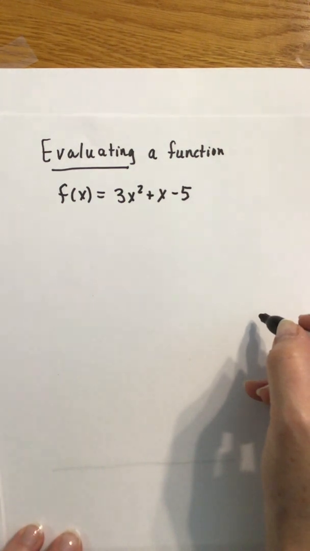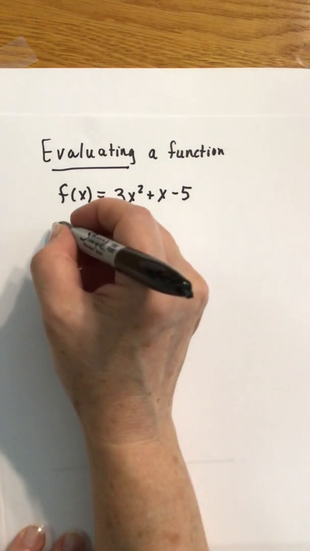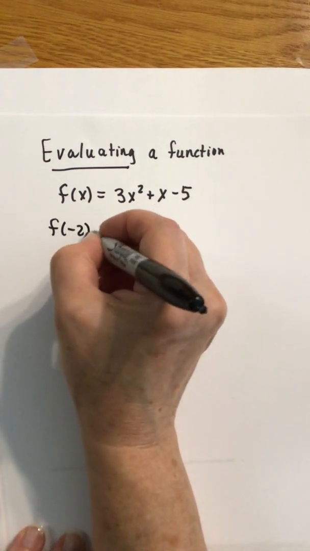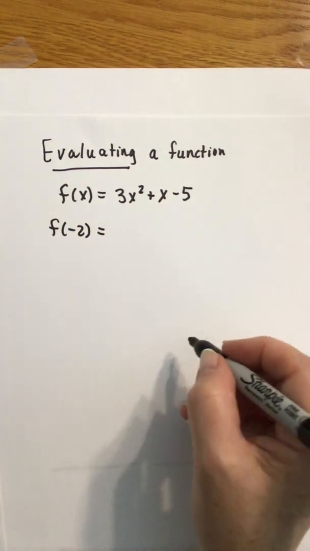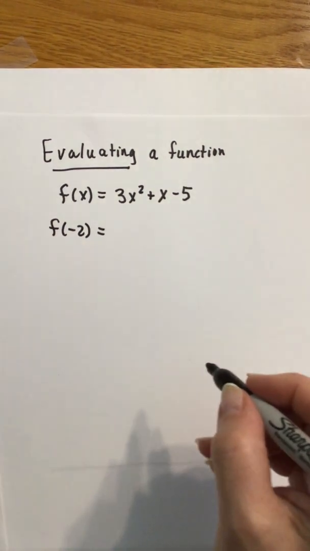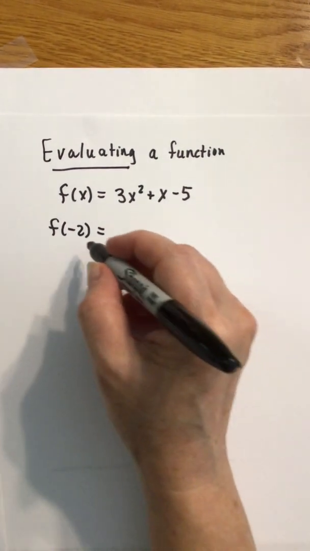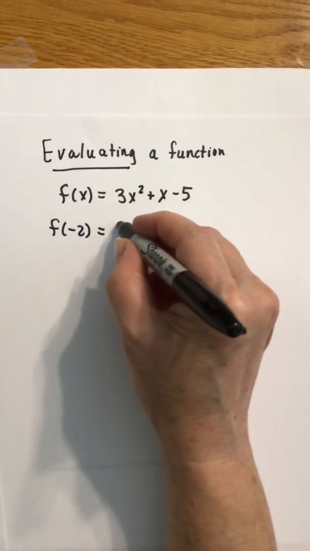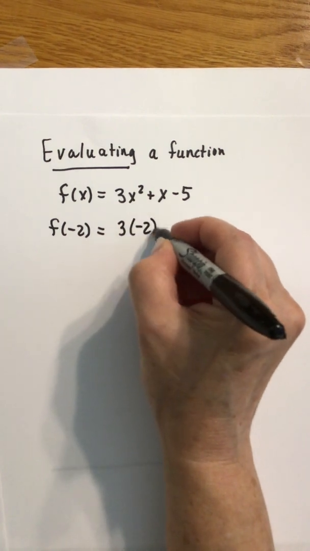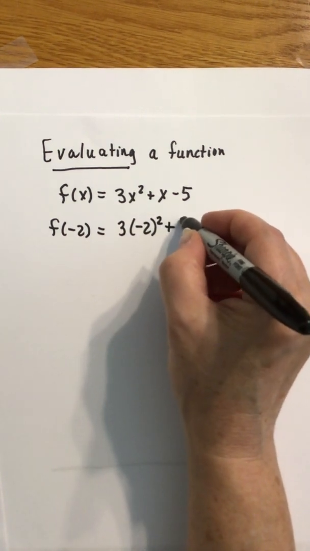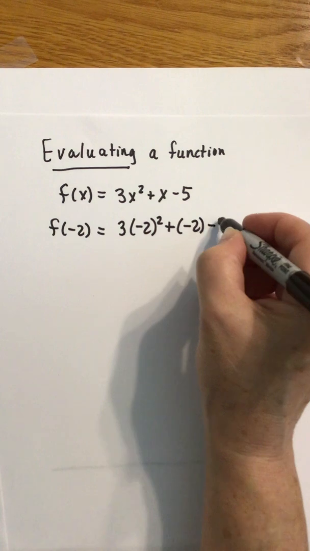Now we're going to find out what f of -2 is. It's the same thing as what we did before. We're just going to take -2 and input it for x: 3 times -2 squared plus -2 minus 5.